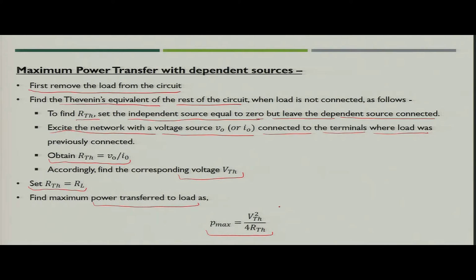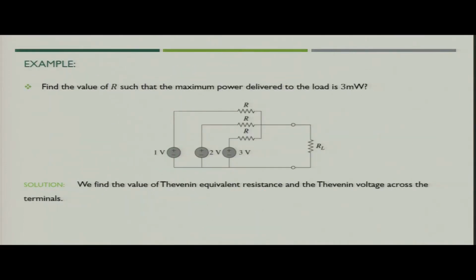So, we will utilize this process to find out the maximum power being transferred to the load when dependent sources are available. So, let us take one example of the maximum power transfer theorem, then we will go to the dependent sources condition.